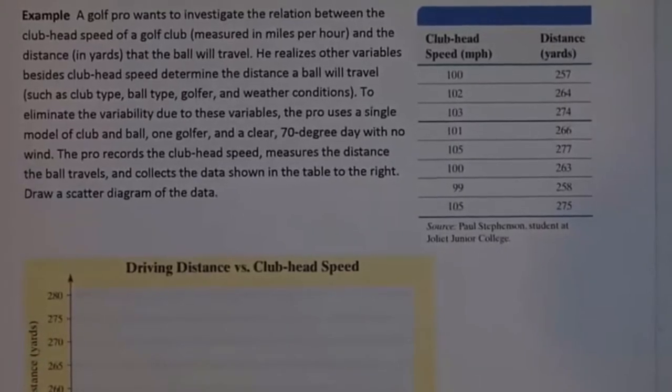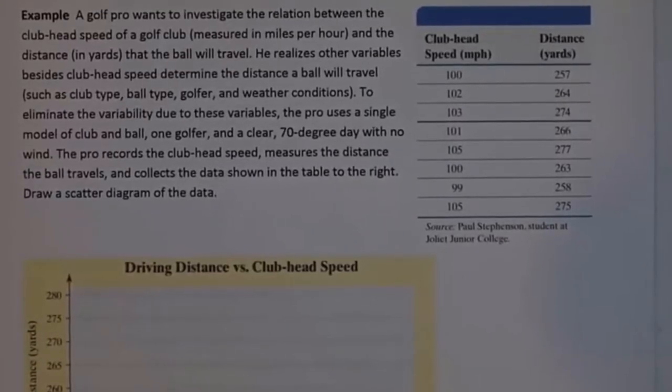So again, this golfer wants to know, is there a relationship between how fast I swing the club, the club head's speed, and how far the ball travels? But he recognizes that there are other variables besides the speed of the club head that could affect how far a ball is going to travel.